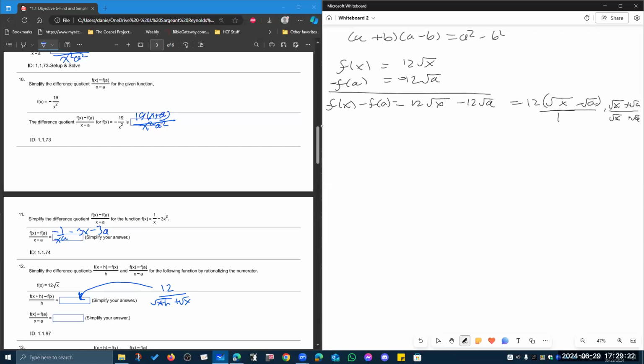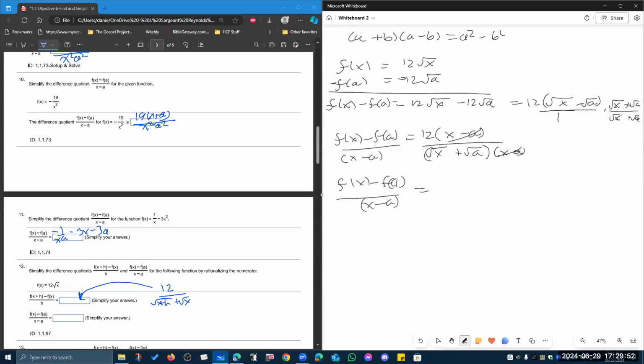So f of x minus f of a is equal to 12 times x minus a over root x plus root a, and divide by x minus a, and we get f of x minus f of a over x minus a.